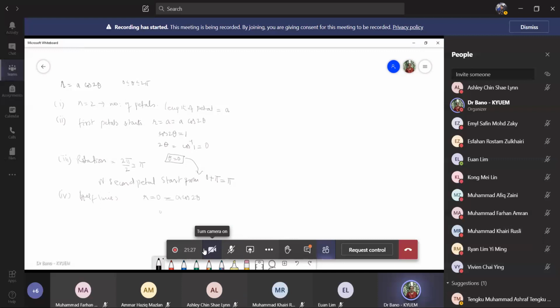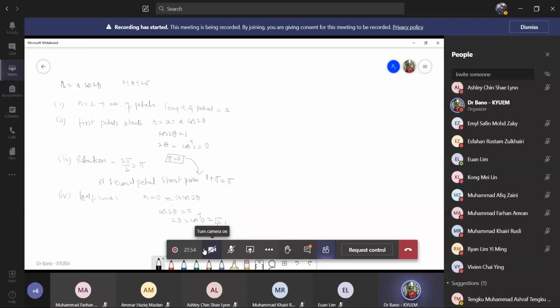Therefore cos 2 theta is equal to 0, so 2 theta is equal to cos inverse of 0, which is pi over 2. Now here we are going to have 4 tangents, so I want the 3 more values.